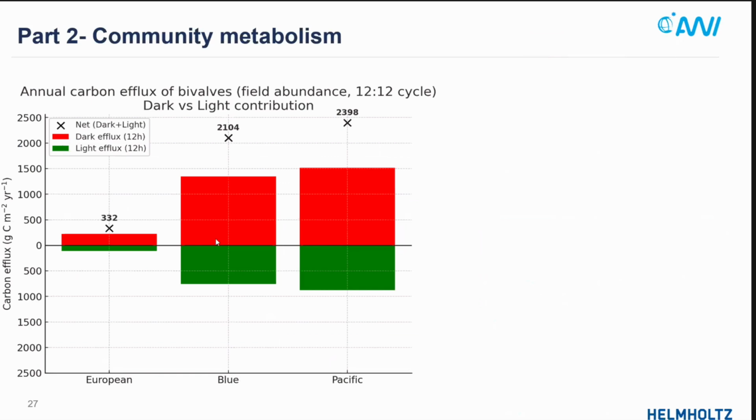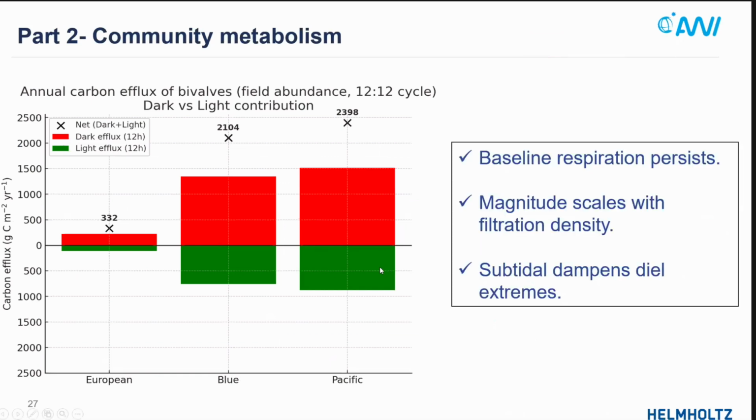In this graph, you can see that they are generating carbon throughout, like respiration. It generates carbon continuously, or it is a CO2 efflux. It is not fully balanced by daytime photosynthesis. You can see they are net carbon dioxide producers, even if you subtract the photosynthesis or production of oxygen during daytime, they are still producing carbon dioxide.